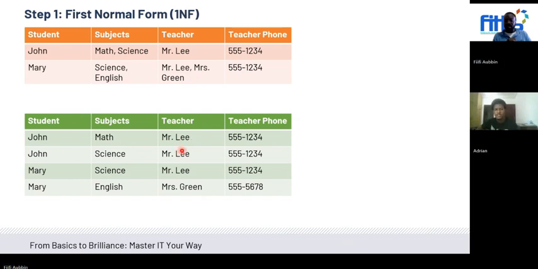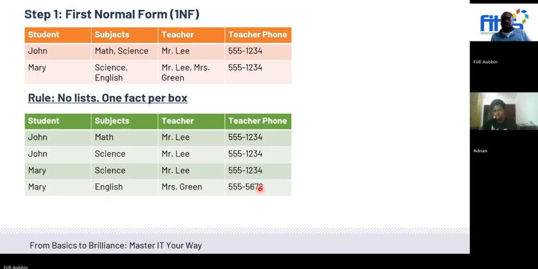Yes. Now we have the teacher's phone number repeating twice here. Mr. Lee also repeating twice here, right? Mary. Then we have science split into two, English, Mr. Lee, Mrs. Green, and Mrs. Green's number comes in here. So this is our first normal form. Does that make sense? Yes.